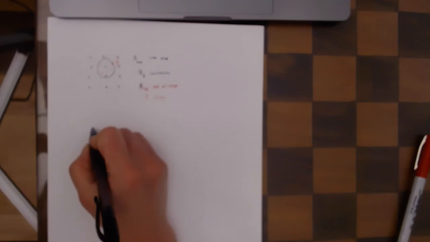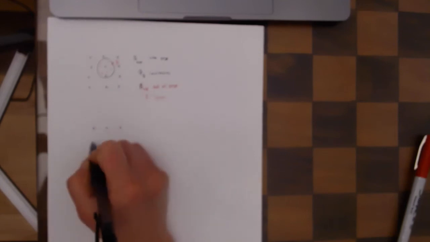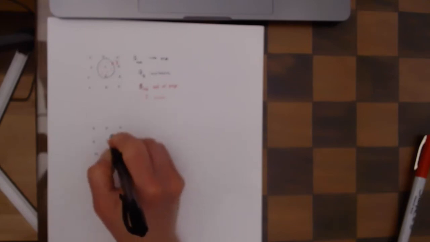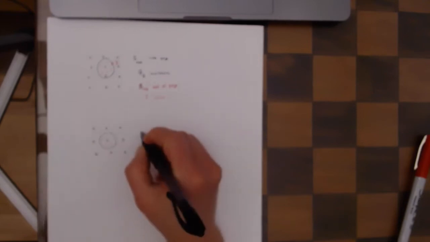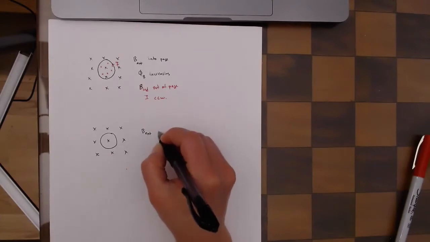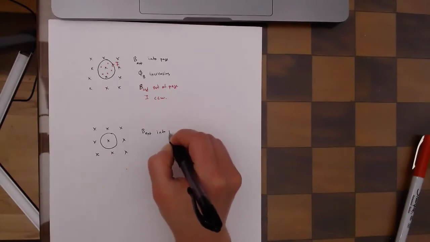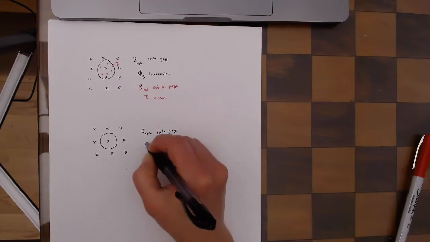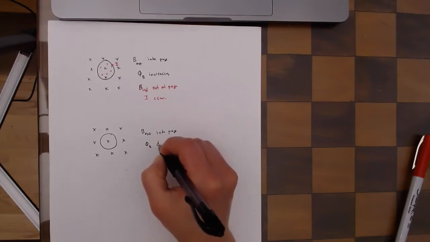All right, so now let's do an example where it's the same setup. B external is still into the page, but now let's say the flux is decreasing.